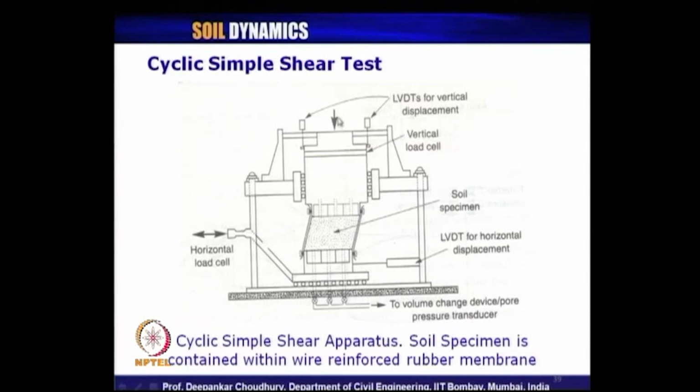In this case, under that same constant normal load, we apply a cyclic horizontal load or cyclic shearing load. So, that is the major difference between a static simple shear test and cyclic simple shear test.